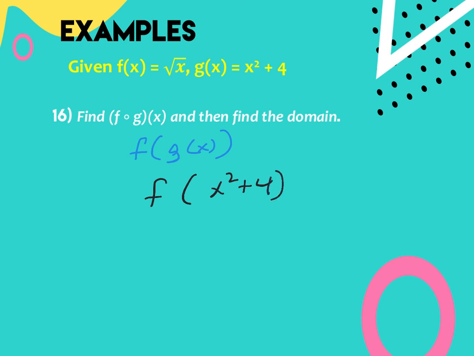So my f of x function is the square root of x. So I'm going to take out x and put in x squared plus 4. So the answer here is x squared plus 4 under the square root. That is the composite function. So let me go ahead and figure out what the domain is.